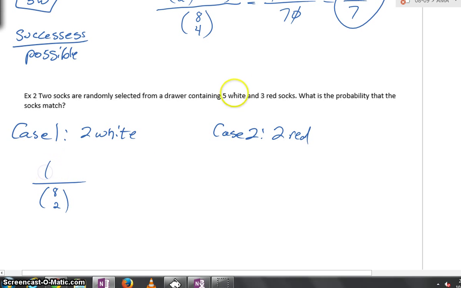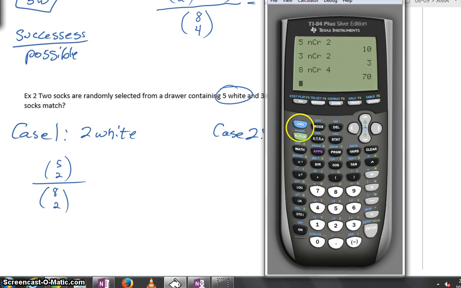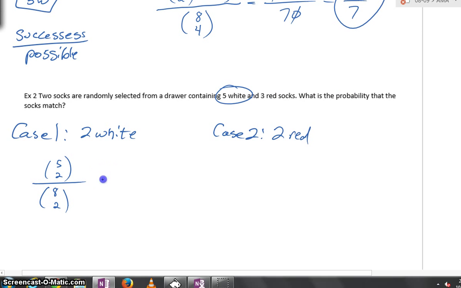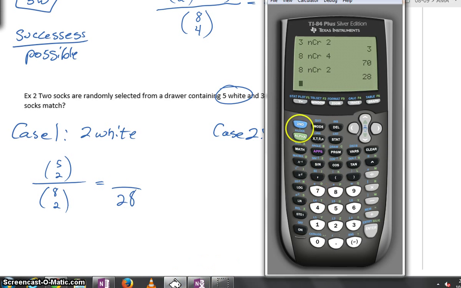So you'd say, well, look, out of 5 items, select 2. Look, here we go again. We could let the calculator help us out so much. You could say, well, look, down below it's going to be 8 choose 2. That's going to be 28. 5 choose 2, well, that's not going to be that much different.